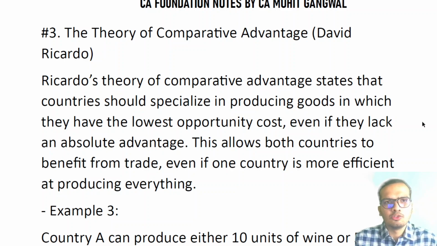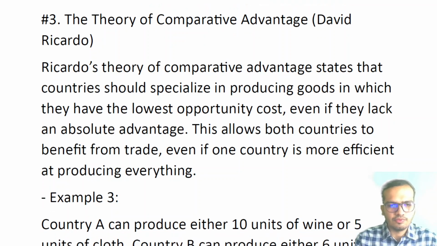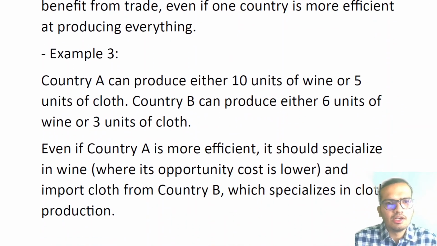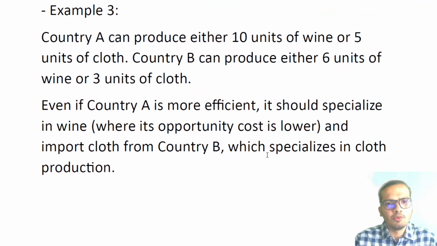This allows both countries to benefit from trade even if one country is more efficient at producing everything. An example could be, say, country A can produce either 10 units of wine or 5 units of cloth. Country B can produce either 6 units of wine or 3 units of cloth. So even if country A is more efficient, it should specialize in wine, where the opportunity cost is lower, and import cloth from country B, which specializes in cloth production.